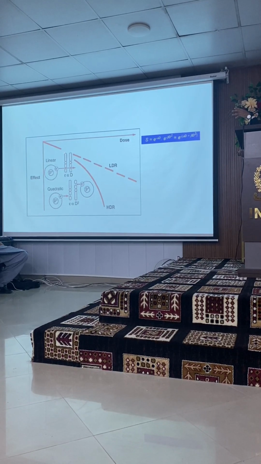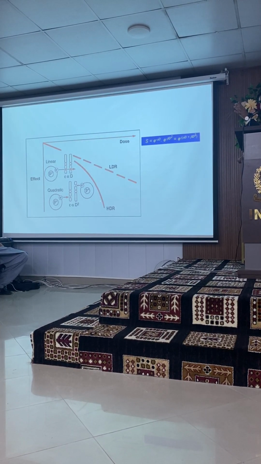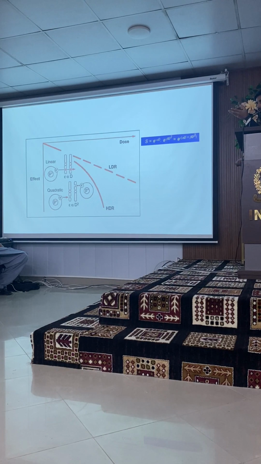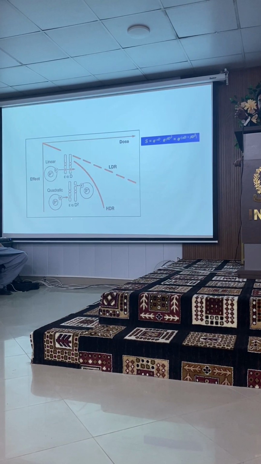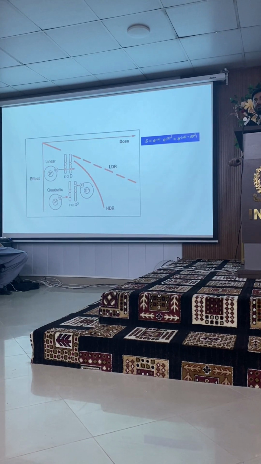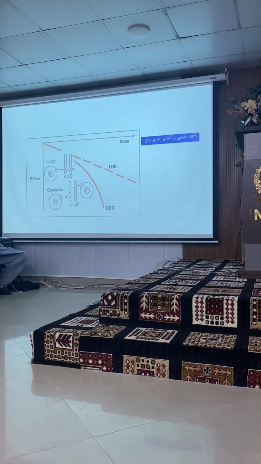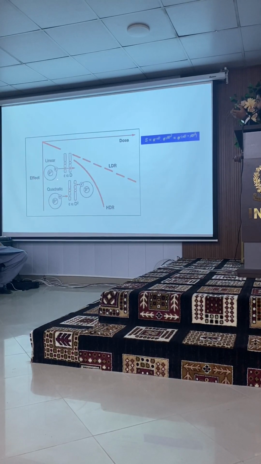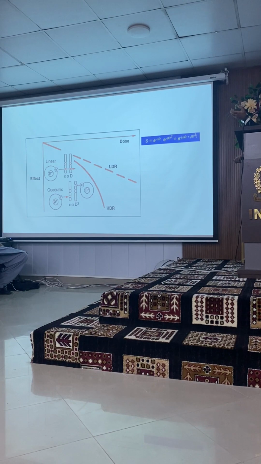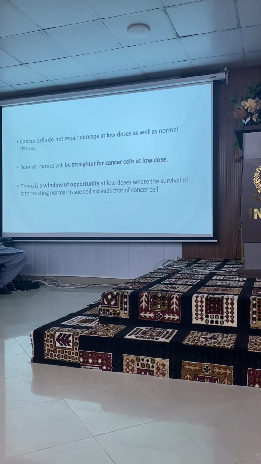Another thing to know about this is the alpha beta. So even though it might sound a bit reductionistic, simply speaking, alpha beta is D0. It is the dose at which we start to get a significant amount of cell kill. So in the linear quadratic model, we discussed the early and late responding tissues, how they react to cellular injury, what is alpha and beta, and what is the alpha beta ratio.